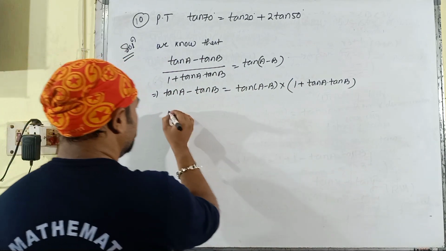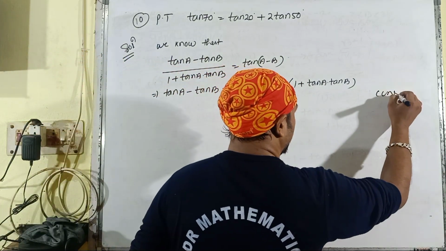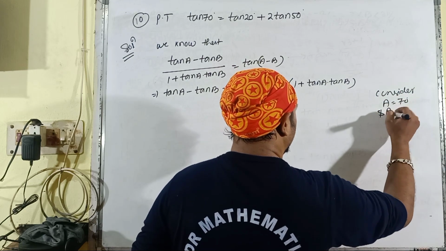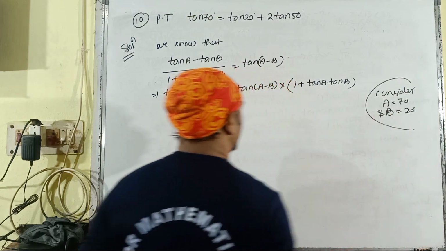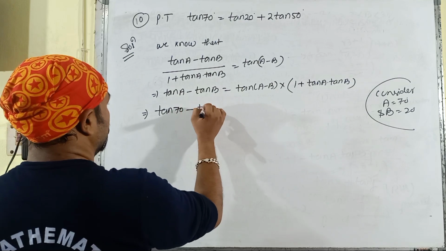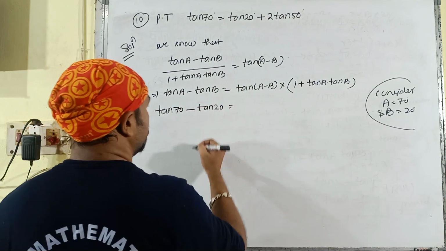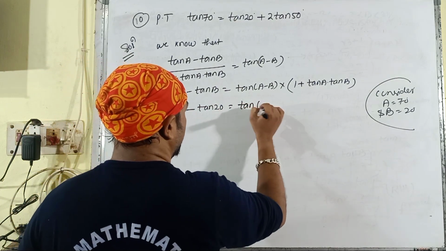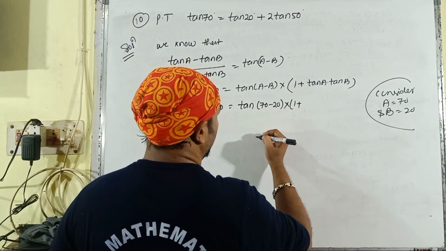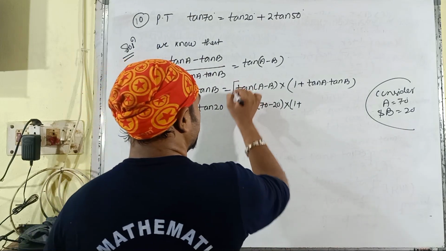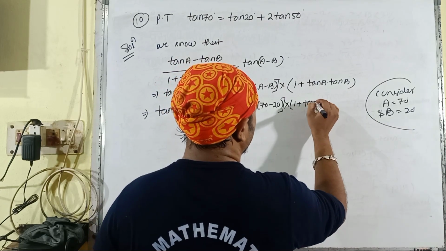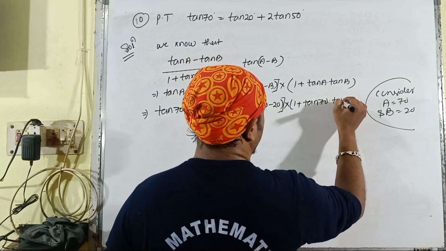Let us consider a as 70 degrees and b as 20 degrees. So we are getting here tan 70 minus tan 20 is equal to tan(70 minus 20) multiplied with 1 plus tan 70 into tan 20.